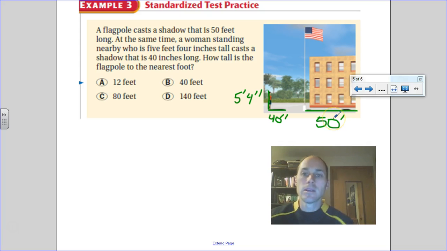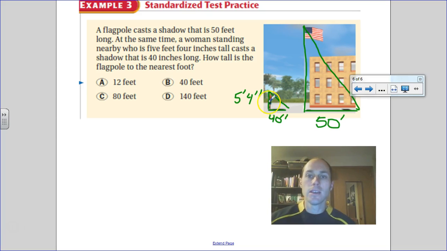Taking that information, how do we know that we can compare these two? Well, I can draw an imaginary line from the flagpole to the shadow, and from your head to the shadow, and we see that we should have similar triangles because we're both standing at a 90-degree angle, and the sun is hitting at the same angle.